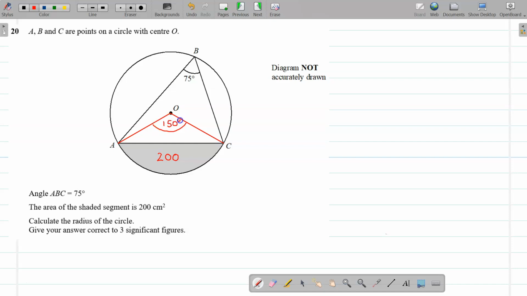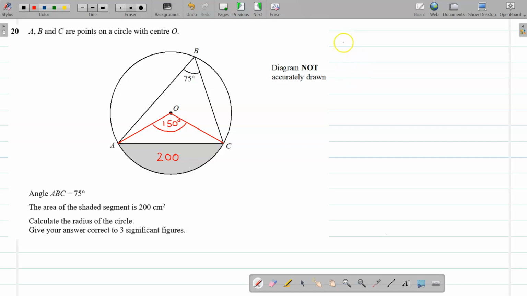Okay, and that's your starting point, because what you've now got is this whole thing here, AOC, round the side, is a sector of a circle. Okay, and if I take away from that sector the area of this triangle here, it will leave me with 200.